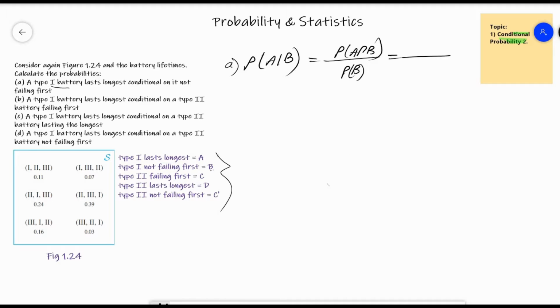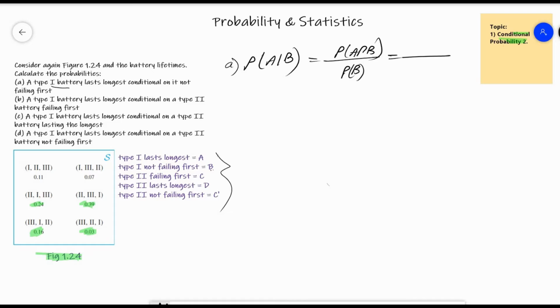So we have to check from this chart, figure 1.24, for these values. We'll have to check where type 1 lasts longest and where type 1 does not fail first. So we first check where type 1 is not failing first. So we have this one, this one, this one, and also this one.